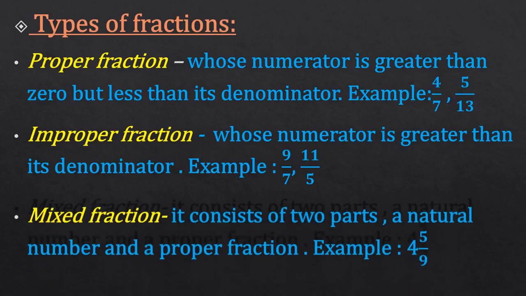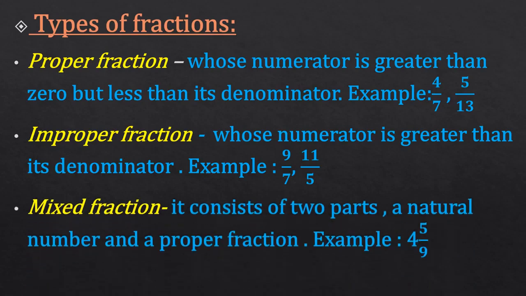After that, the next fraction is mixed fraction. A mixed fraction is a combination of two parts: one is a natural number and the other is a proper fraction. See the example, 4, 5 upon 9. In this, 4 is a natural number and 5 upon 9 is a proper fraction.